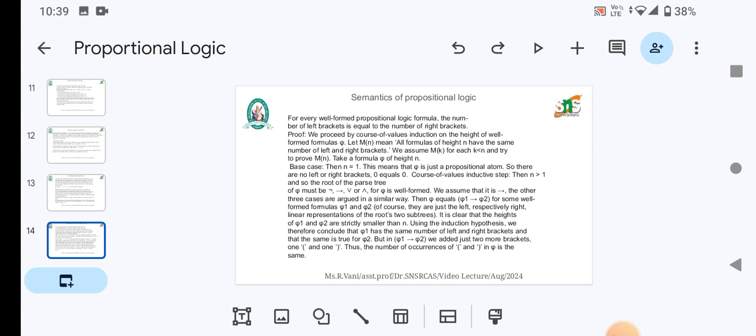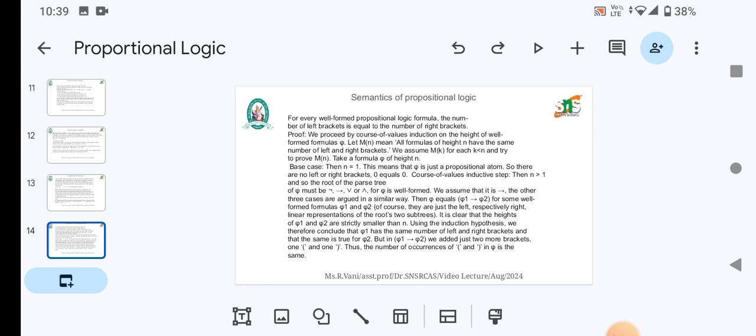It is clear that the heights of phi 1 and phi 2 are strictly smaller than n. Using the induction hypothesis, we therefore conclude that phi 1 has the same number of left and right brackets, and the same is true for phi 2.